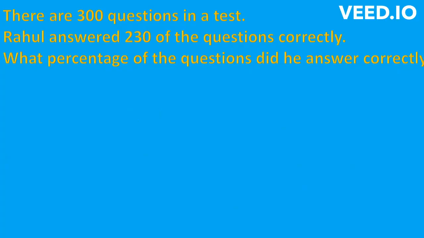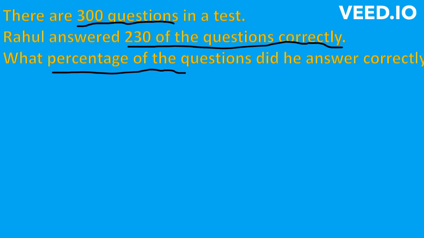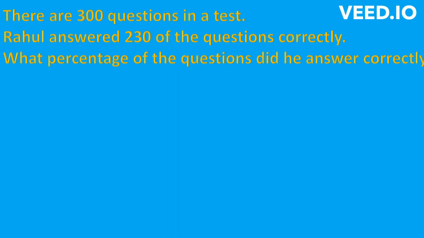There are 300 questions in the test. Rahul answered 230 correctly. So total questions is 300. 230 are the correct questions that he answered. What percentage did he answer correctly? 300 is the total questions for which 230 he answered correctly. Now we want percentage.